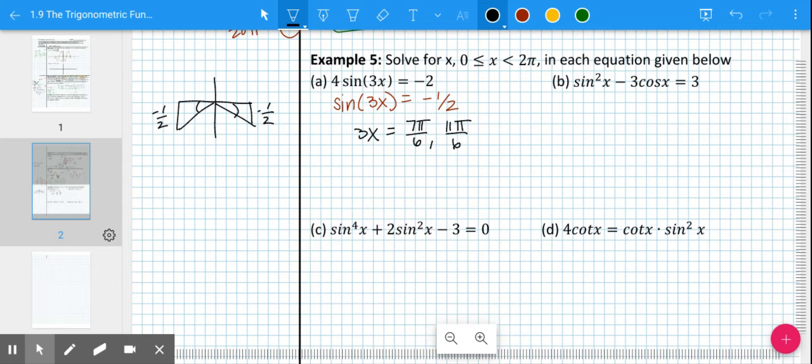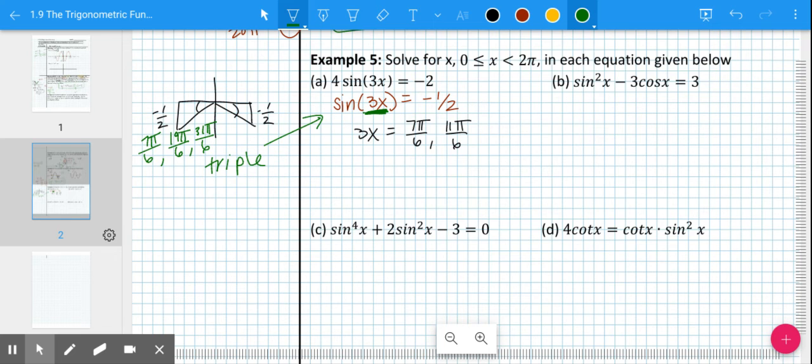That's all that's left. However, because this is a 3x, when you have this situation, that's actually going to triple your number of answers. So what I like to do is identify this as 7 pi over 6 and its coterminals. If I add 2 pi to that, I'm thinking of it as 12 pi over 6, I'll get 19 pi over 6, and I'll also get 31 pi over 6.